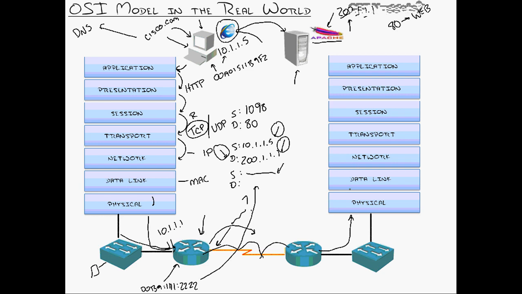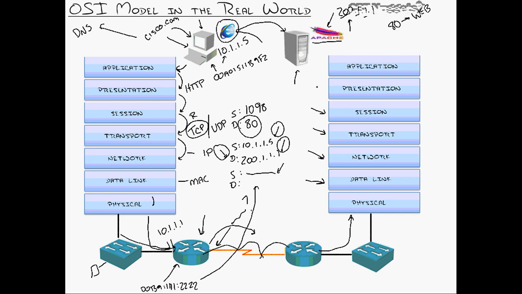It receives that message at their web server, looks at the MAC address and says, oh, you're trying to get to my MAC address. Looks at the IP address, says, oh, you're trying to get to my IP address. By the way, that's how the server knows it's a message for it and not somebody else. It then looks up at the transport layer and says, oh, you're using a reliable connection and you're trying to get to my web server application.